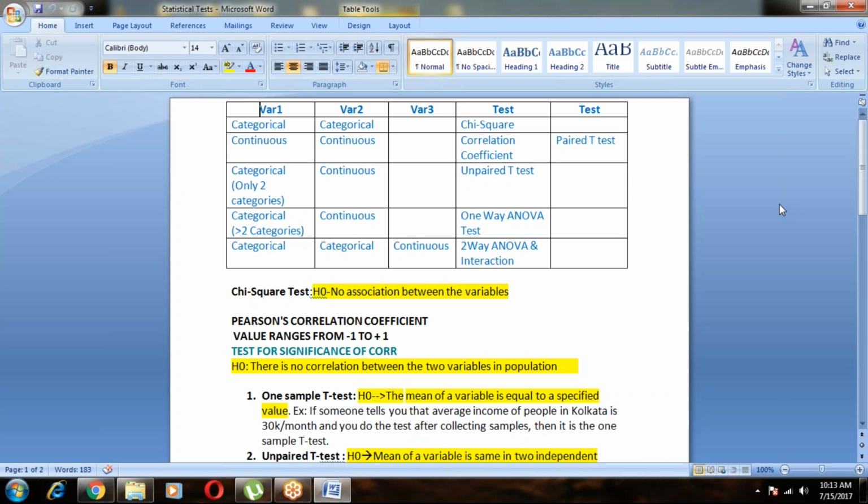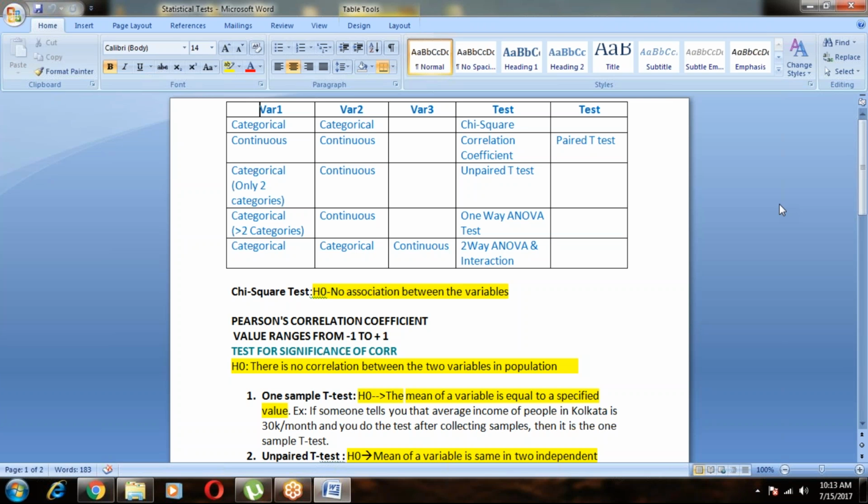So I want to compare two data: the average sales of my product before the advertisement and after the advertisement. Is there any change, or are they still equal? I want to compare these two groups.